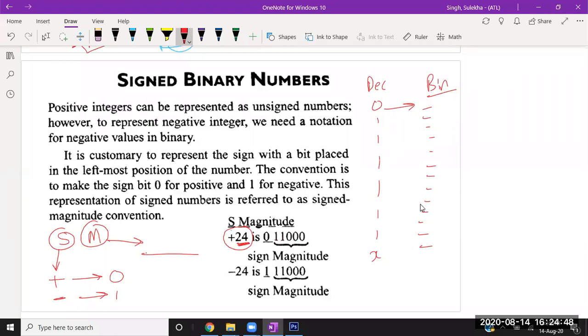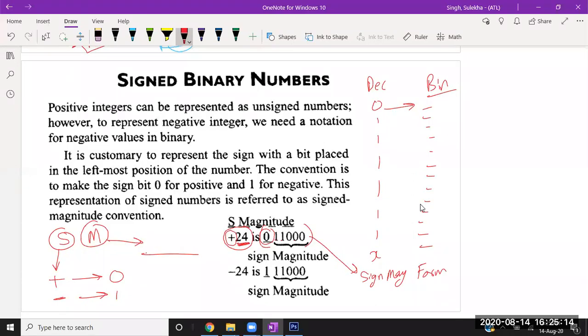For indication of the plus sign, you can add an extra 0. Whenever you write your number in this form, you need to state that it is in signed magnitude form.